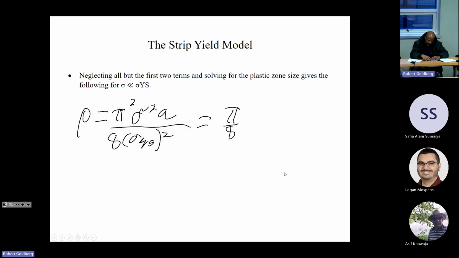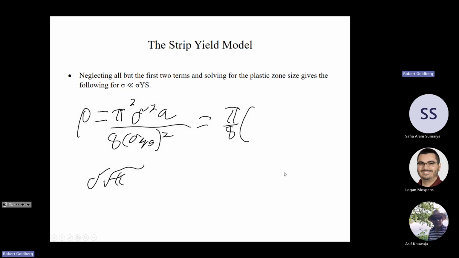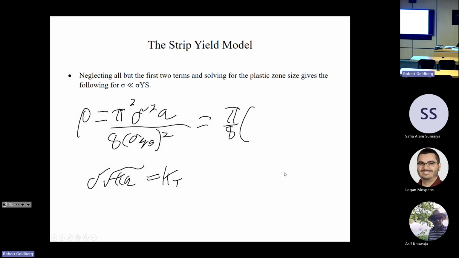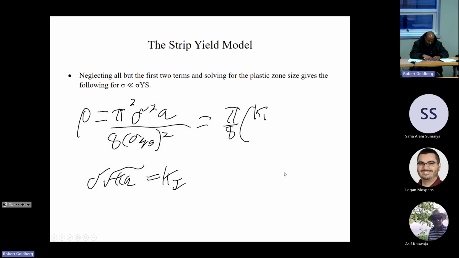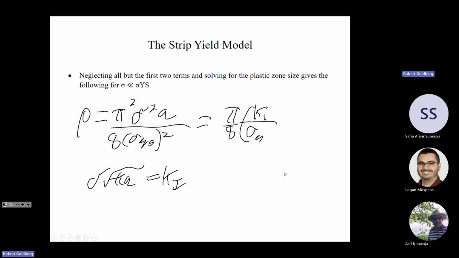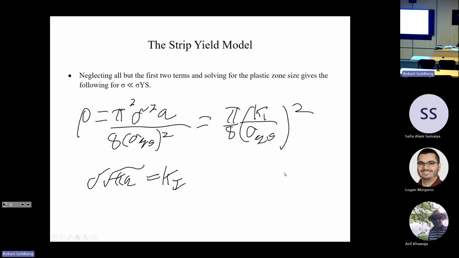And remember, our stress intensity factor is just sigma times the square root of pi a. So we can take sigma times the square root of pi a and say that that's equal to the stress intensity factor. If we make that simplification, we get that the length of the plastic zone is equal to pi over 8 times the stress intensity factor over the yield stress squared.